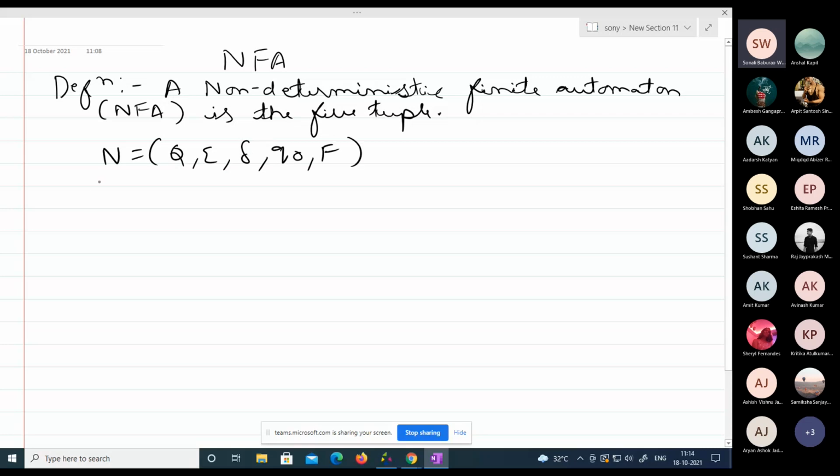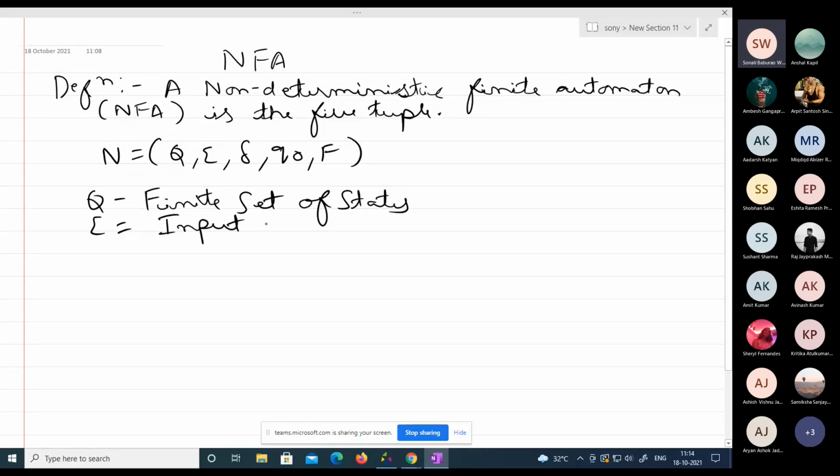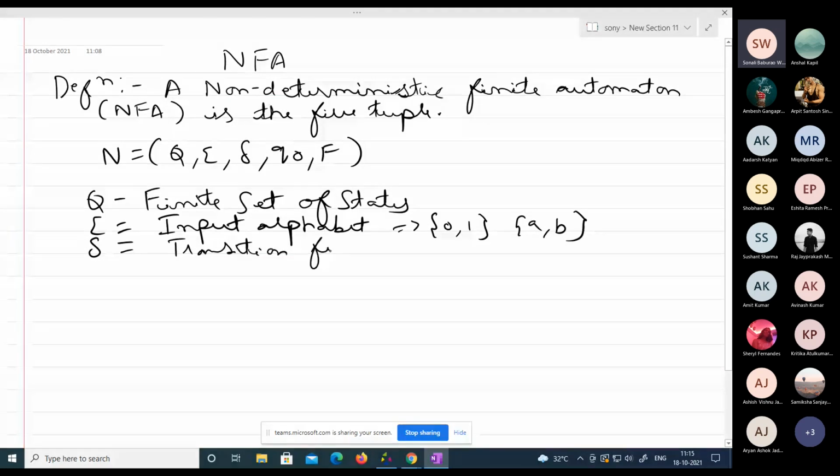Where Q is the finite set of states. Sigma is the input alphabet, and the input alphabet can be either 0 or 1 or A, or A, comma B, etc. Then delta is the transition function.